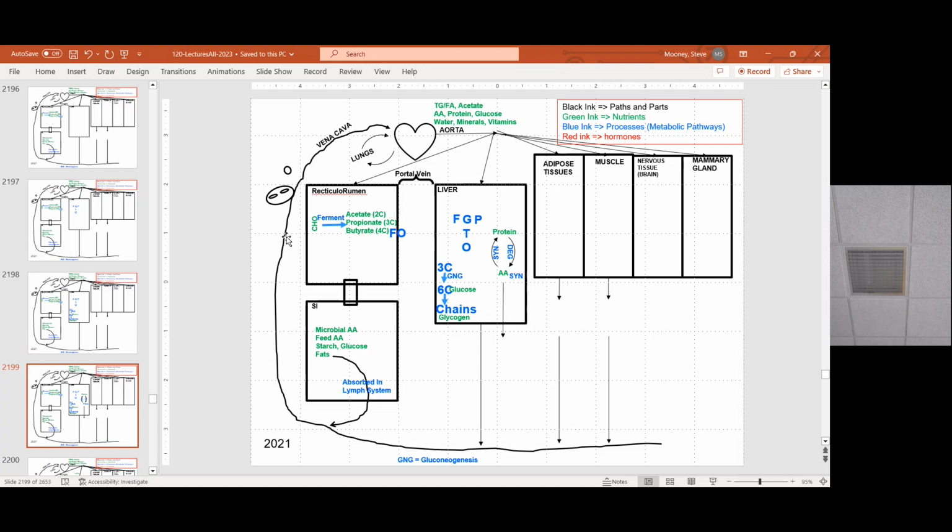Synthesis, SIN, we've got protein synthesis. So you have the cycle of proteins that are being created or brought in, being broken down into their individual amino acids, and that pool is used to create new proteins as the liver decides they're necessary.